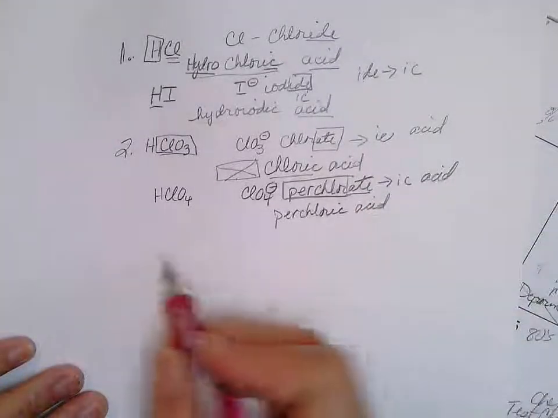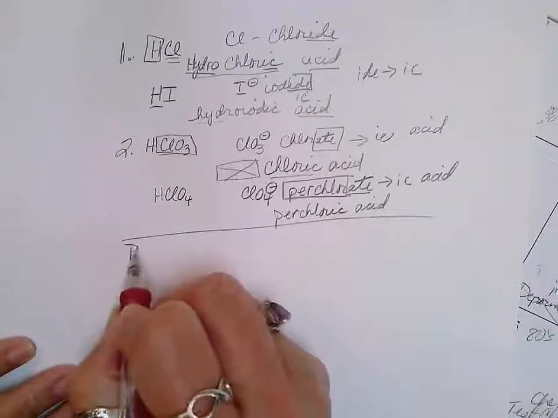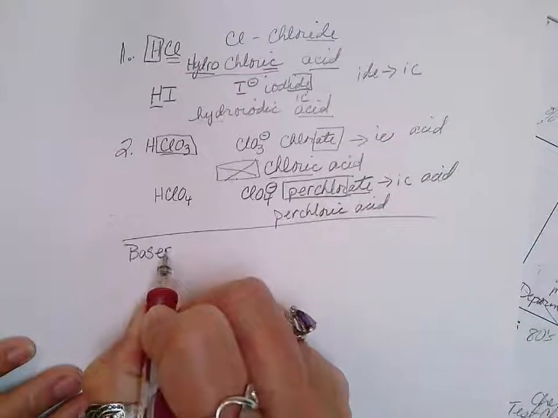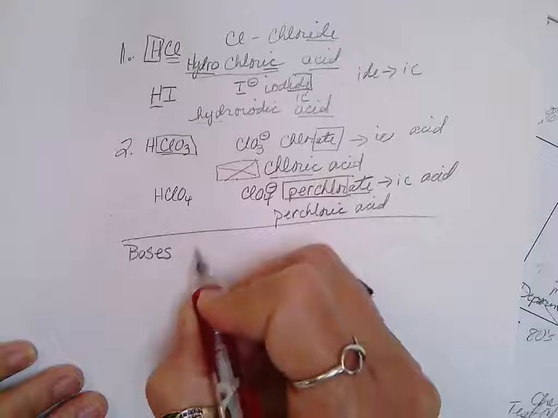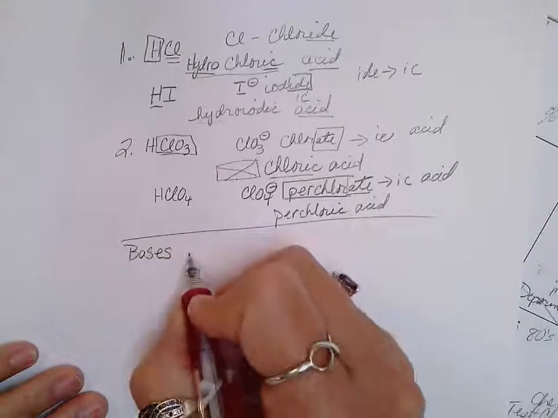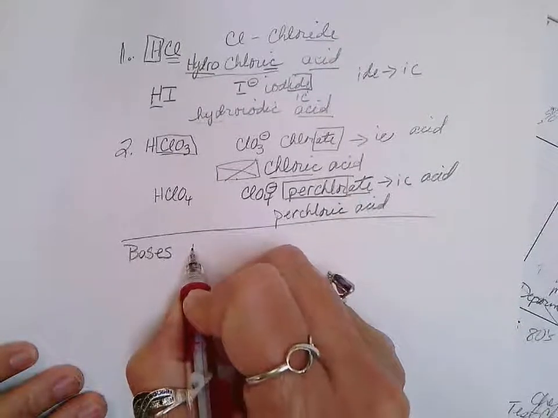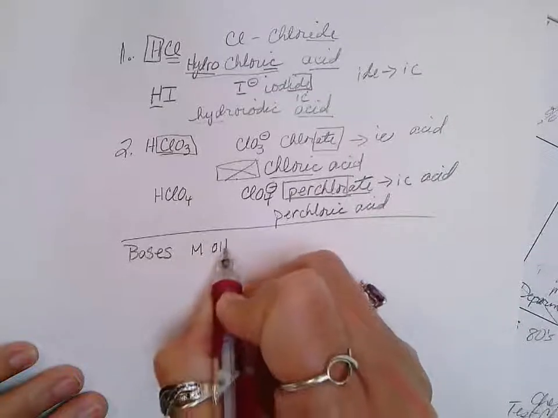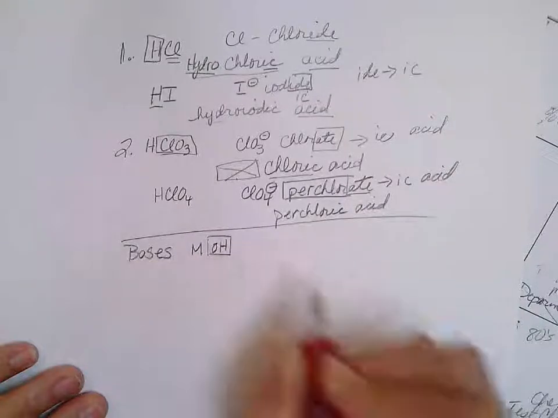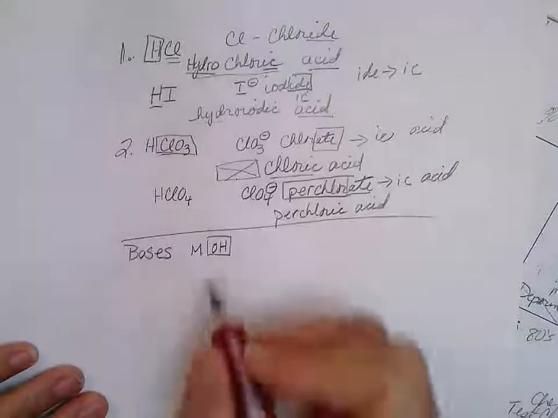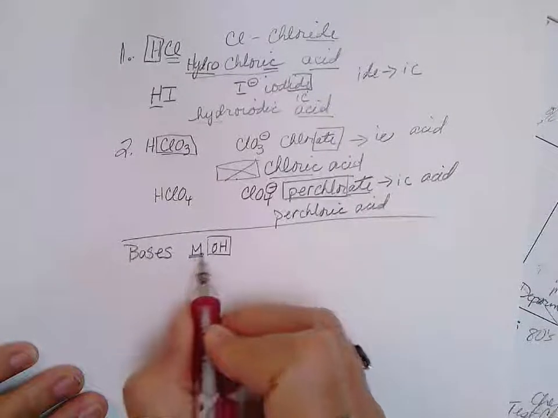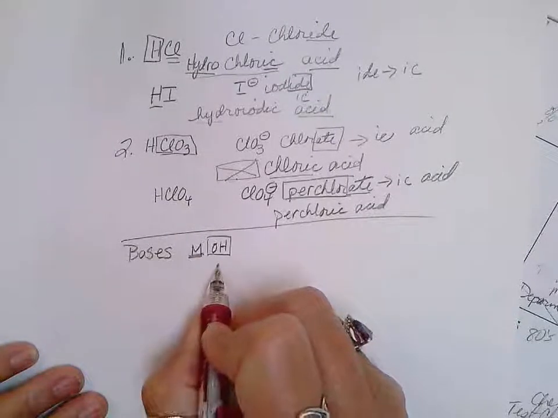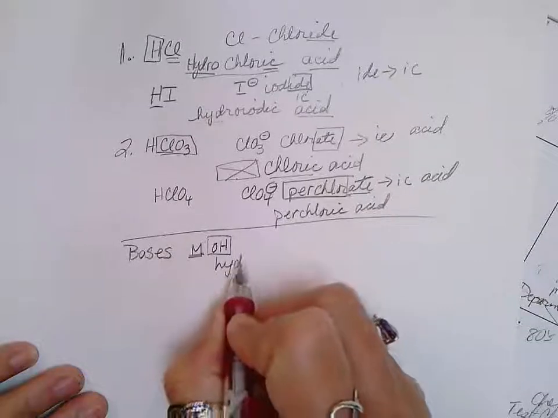Okay, now let's go on to bases. Bases, we have a metal, and then we have an OH group. And this OH group is what makes it a base. And we're just going to name the metal, and then we'll add the word hydroxide.